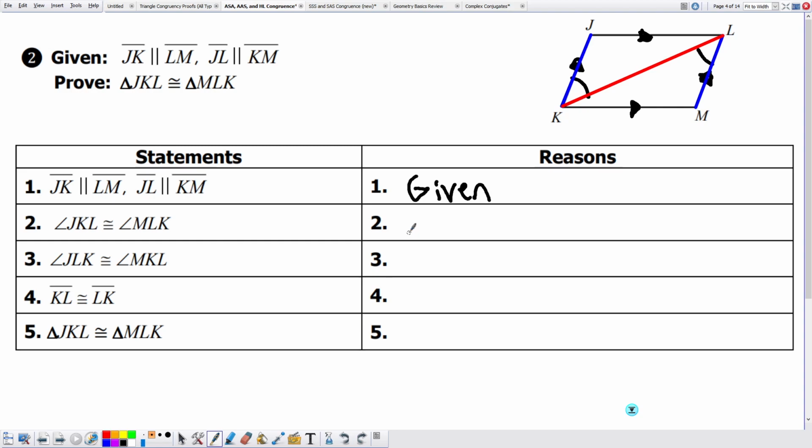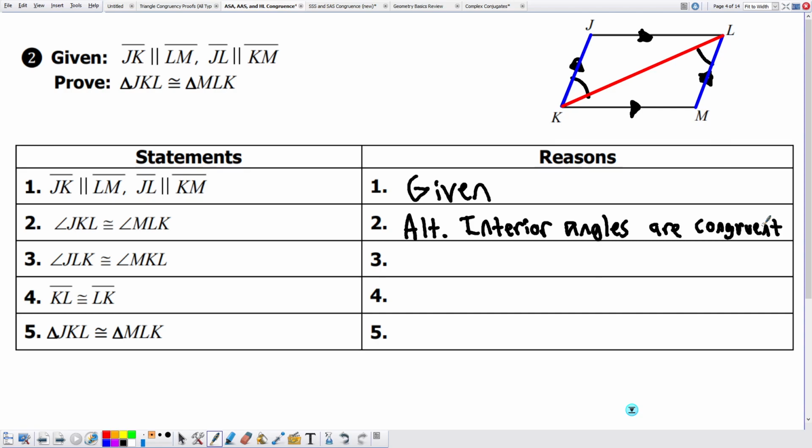So my second reason is that alternate interior angles are congruent. So always be aware of those parallel line theorems we have learned about.